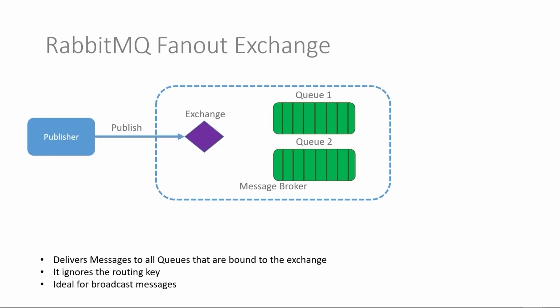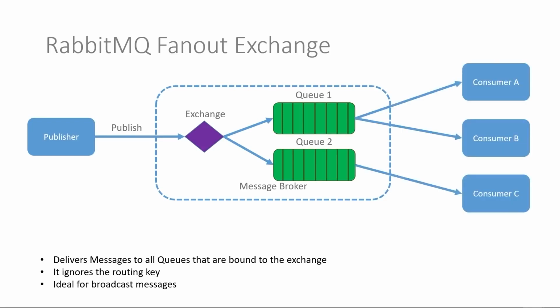In this case, I've created a new platform, and the exchange will then fan out to every queue that's bound to that exchange. And then any consumer that's reading from a particular queue will get that message. Okay, and so that is what we want. And if there's any routing keys attached, doesn't matter, they get ignored. So it's ideal for broadcast type messages, and this is the method that we're going to use.